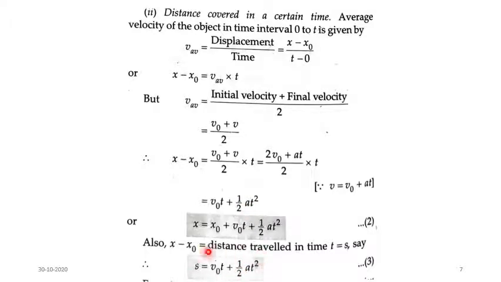Now this is your distance time relation. If in the question they have given you acceleration, initial velocity and time, you can find out the distance covered by the object in that time.